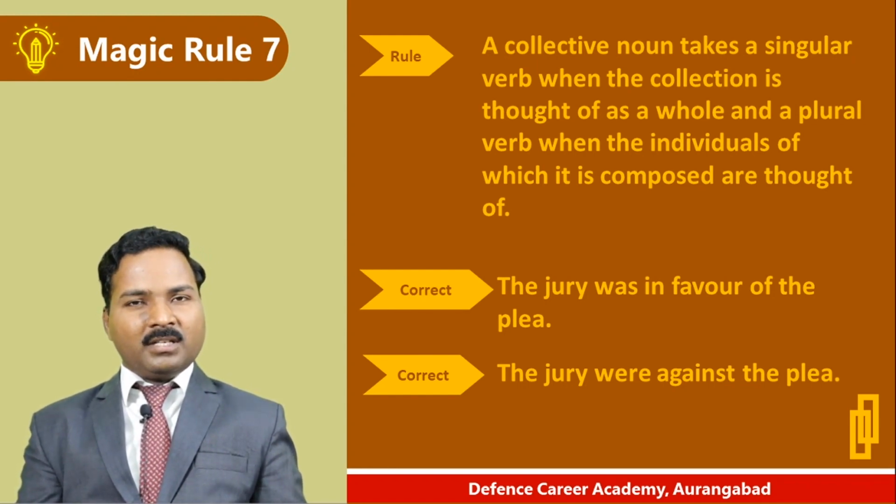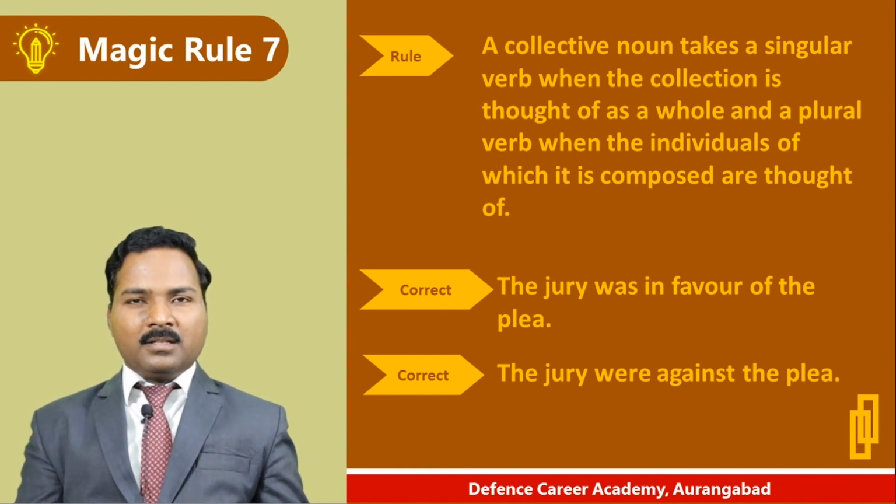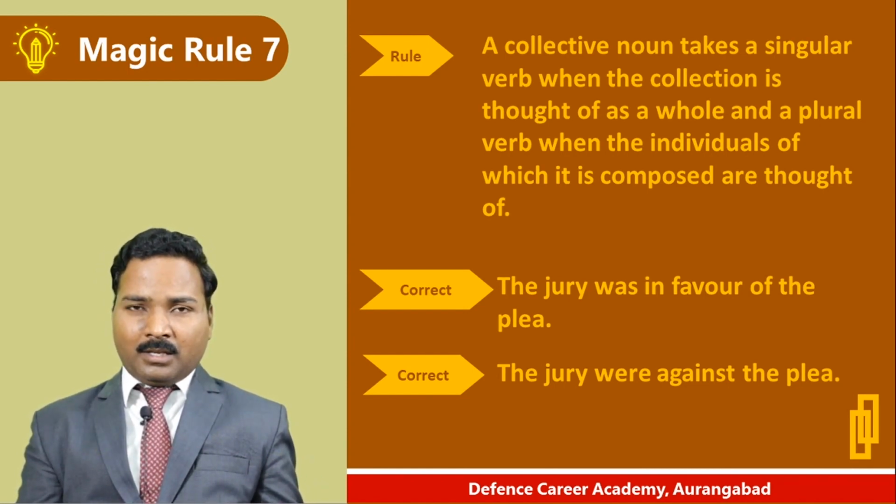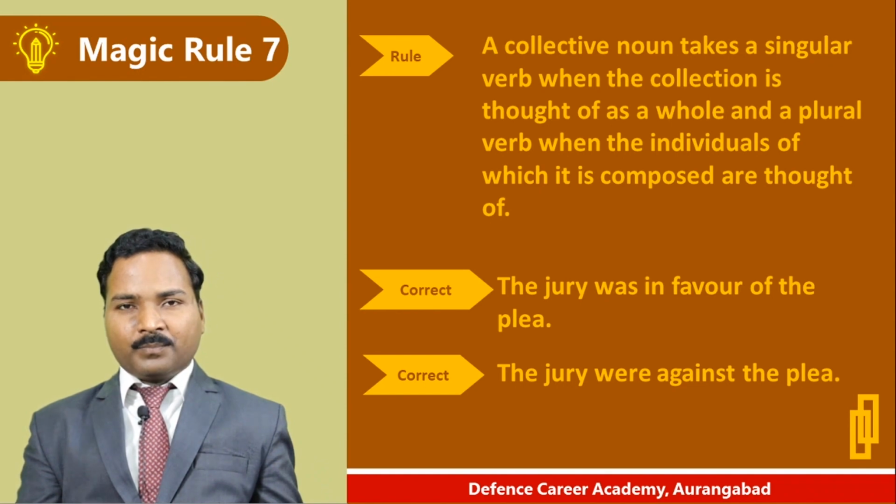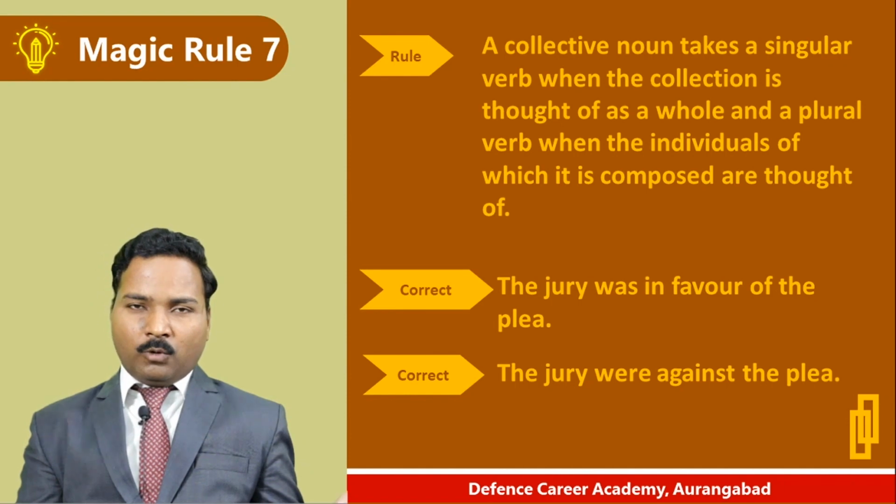It does not mean that all members were against the plea. Some members might be in opposition to the plea. Okay. That's why only a majority of the members in that jury might be against the plea, and only a minority of the judges in that jury might be in favor. This is suggested by this example.